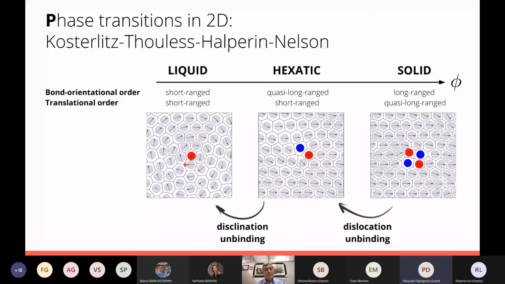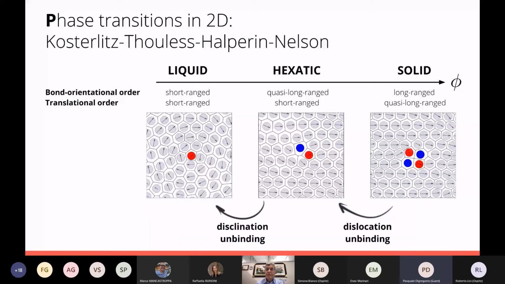It can be 5-fold or 7-fold defects, giving rise to different types of free disclinations. Red-blue pairs, which means 5-fold, 7-fold pairs, are free dislocations. So the solid here can accommodate dislocation pairs.